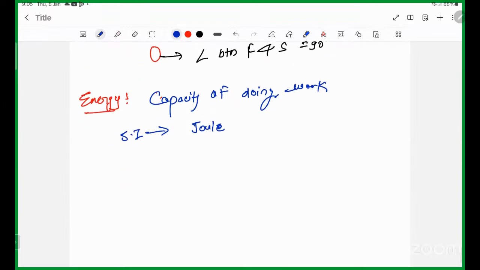There are different forms of energy, like kinetic energy. We will study about kinetic energy.